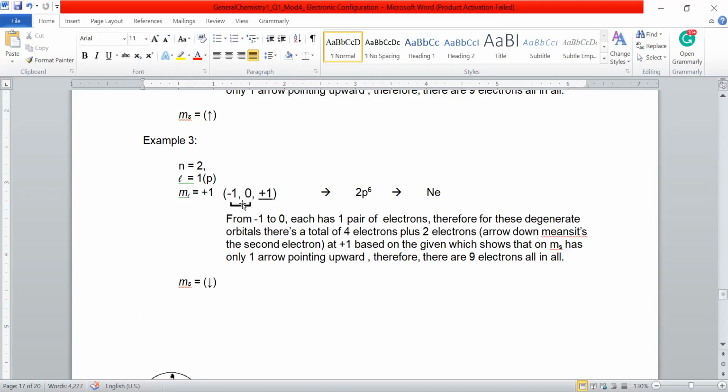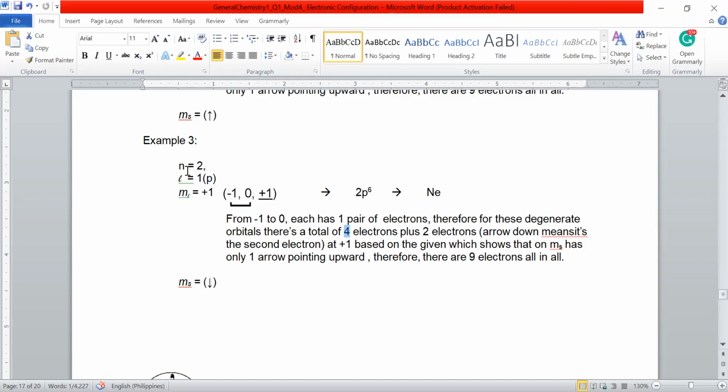So the last electron is found at plus 1. The first two orbitals are already paired, so that is 4 electrons, and you look at whether the last arrow is up or down. Since it is arrow down, it means the plus 1 orbital is full, arrow up and arrow down. So 4 plus 2 is 6. It means that there are 6 electrons.